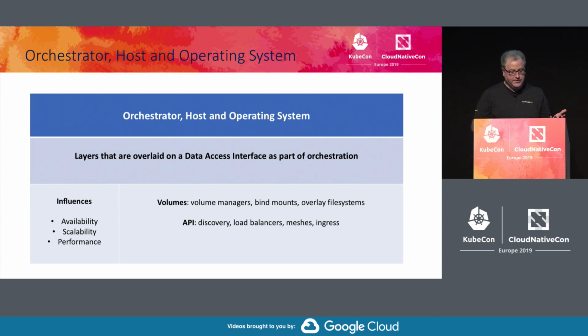So in the case of volumes, you have things like volume managers, which can balance workload across a number of devices. But also in the API side of the world, there are a whole set of things that can be influenced by the orchestrator to provide things like discovery and load balancing and integrate with service meshes and ingress controllers, etc.